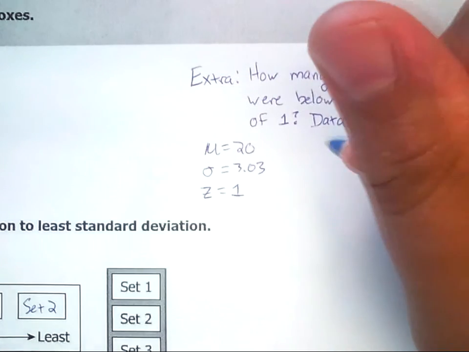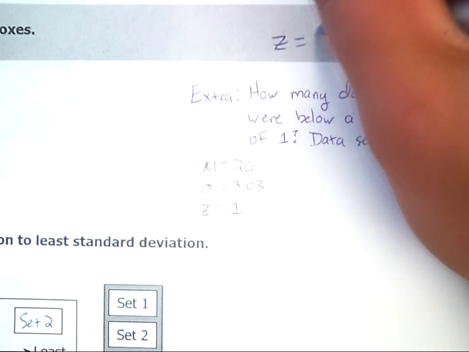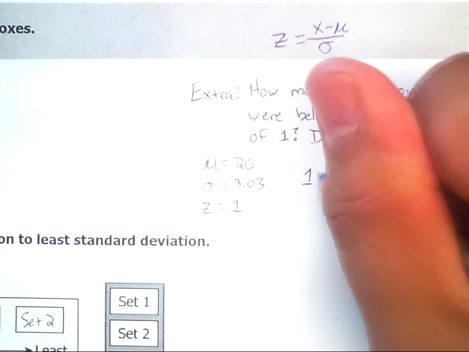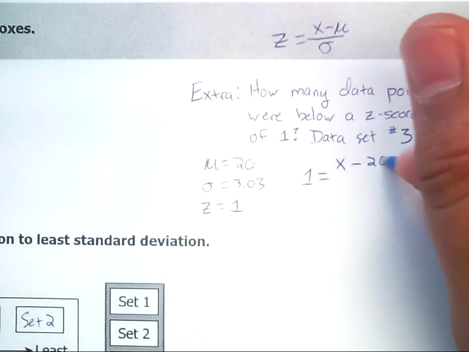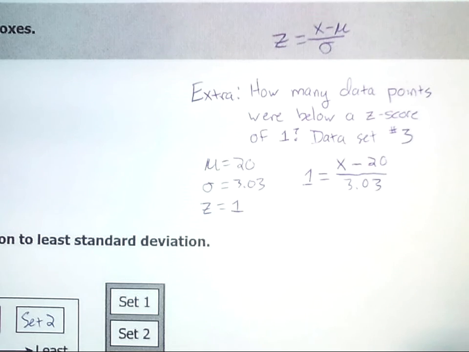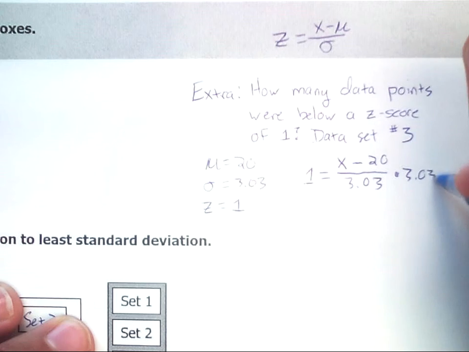So the formula, which I'm going to go ahead and write in this gray bar, is z equals x minus the mean divided by standard deviation. For us, it's going to be 1 equals x minus 20 divided by 3.03. You can see we're trying to get at the x. So I'm going to multiply both sides by 3.03.